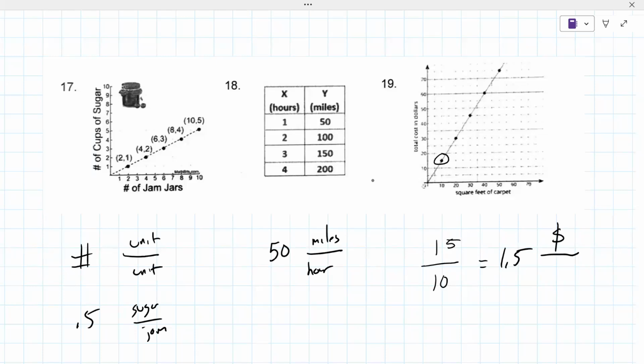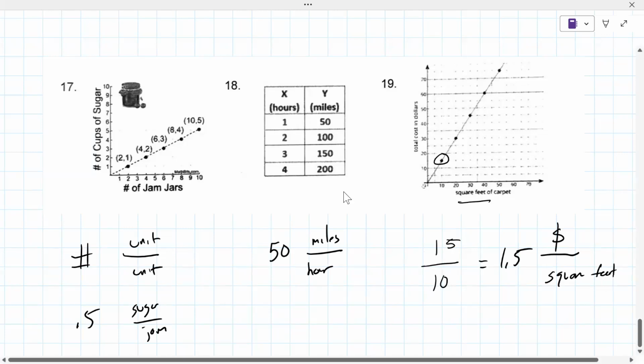What are the x units? Square feet. It's carpet. There it is. $1.50 per square foot.